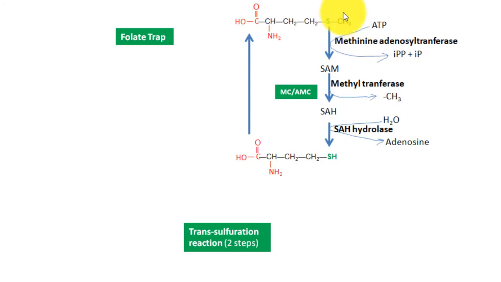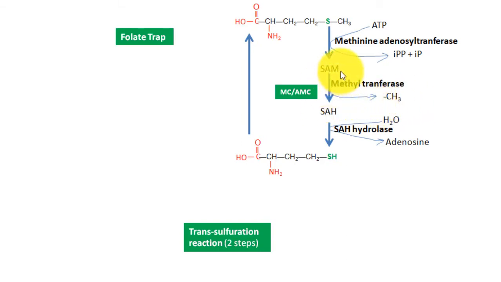This is a very important methyl group, and it will be activated, and this is called activated methionine. Methionine will react with ATP and form S-adenosyl methionine, which is called active methionine, and this will transfer the methyl group to form compounds like creatine or catecholamines and many more important compounds in our body.